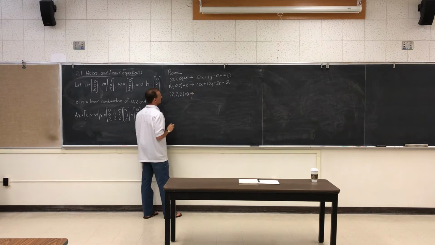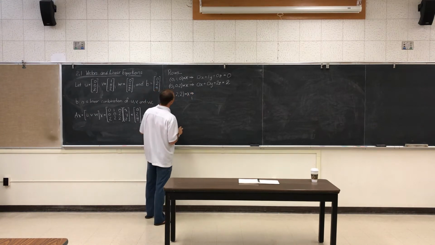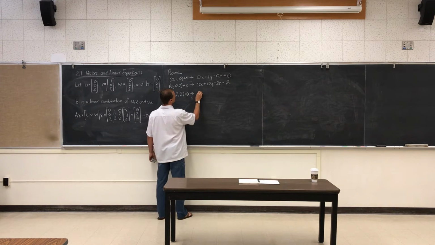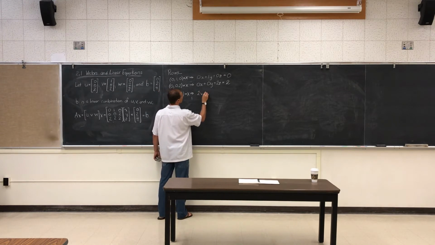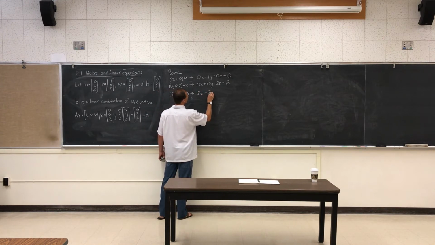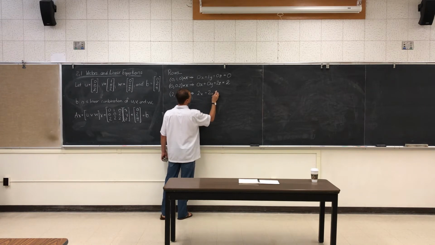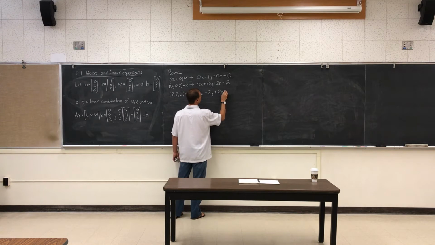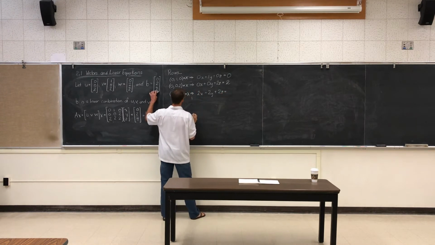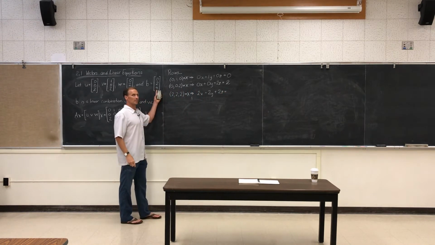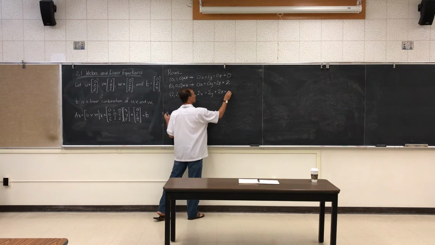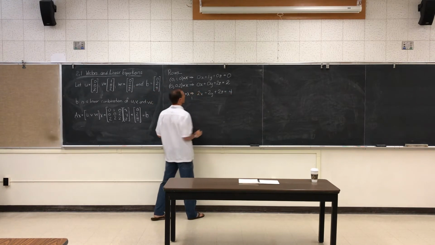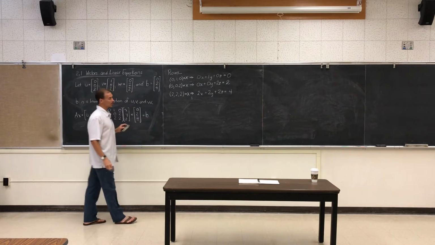That gives 2x plus 2y plus 2z, and the last component of b is 4, so this equals 4. That's the row picture that we're going to work with.